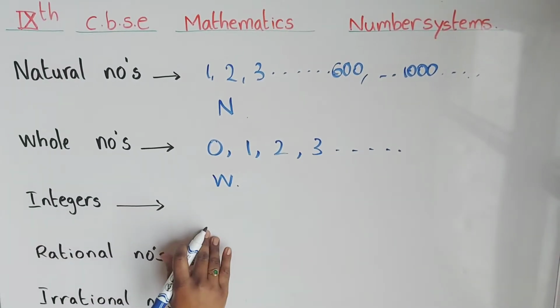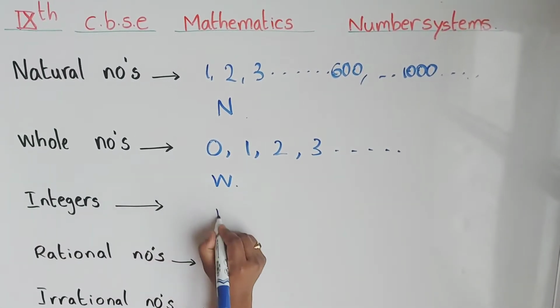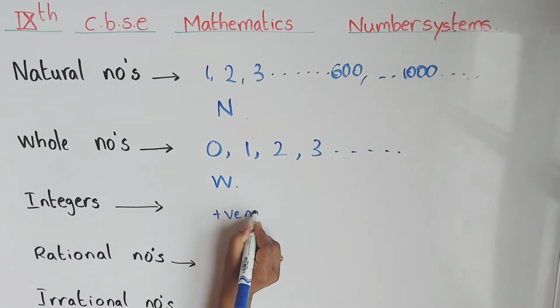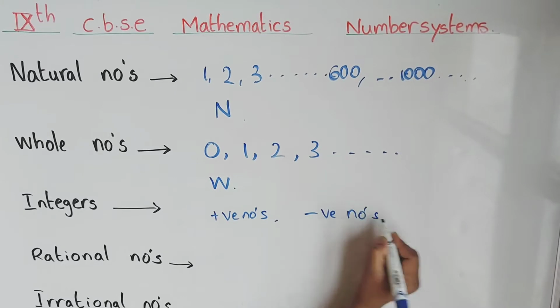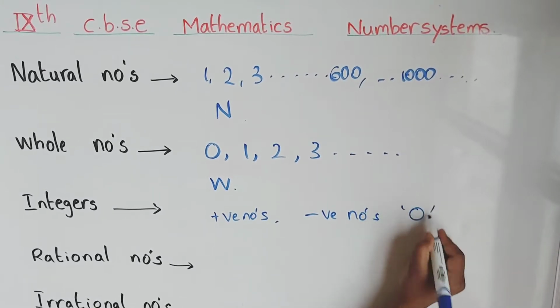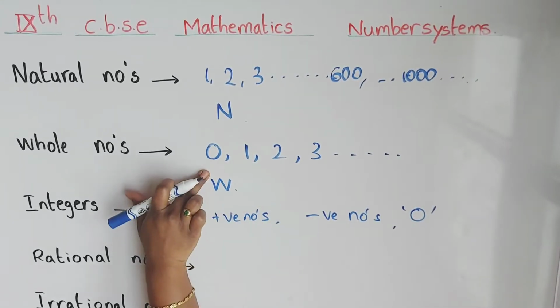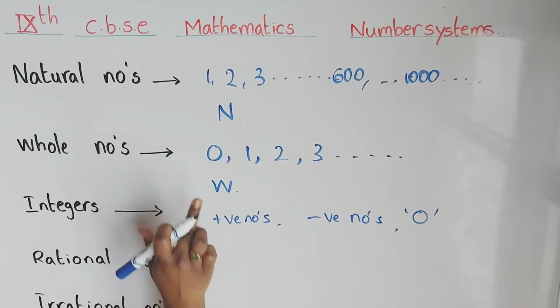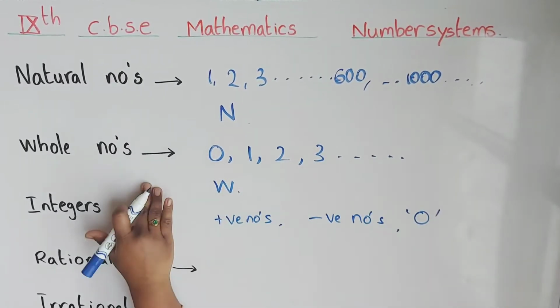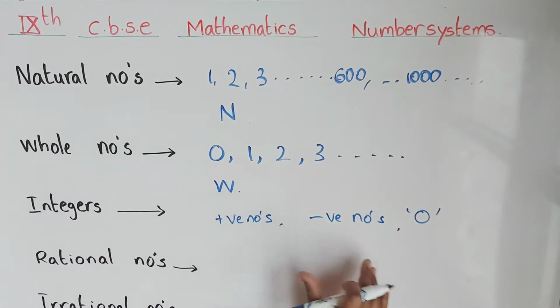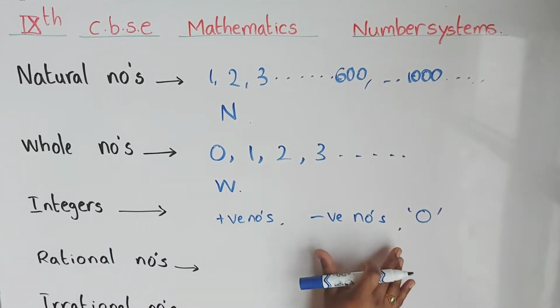Next, integers. Integers have positive numbers, negative numbers, and 0. 0 we already have in whole numbers, and positive numbers are also in whole numbers. Here, what are the extra numbers? Negative numbers.